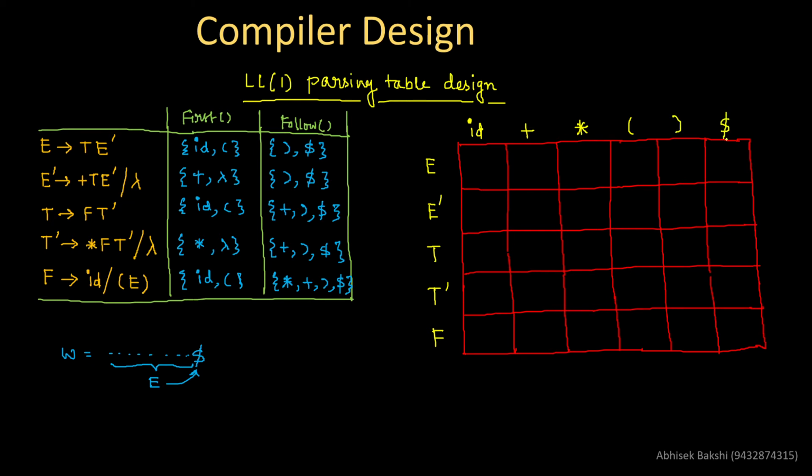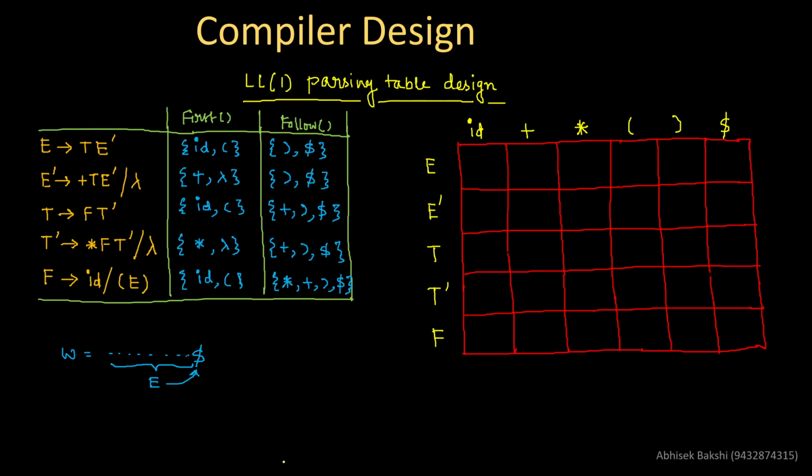Now what is my intention for designing this technique? Remember, what is the use of this? For example, the question is: among all these production rules, in which cell will we put each production rule? Always remember, as I told you, that we have a string.